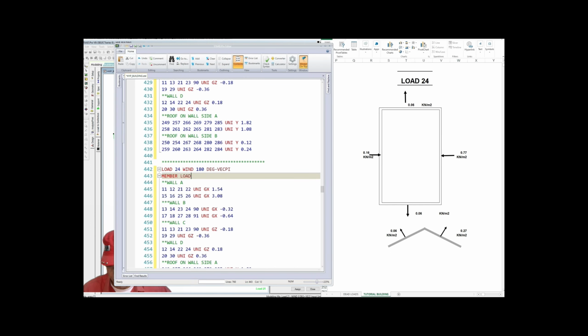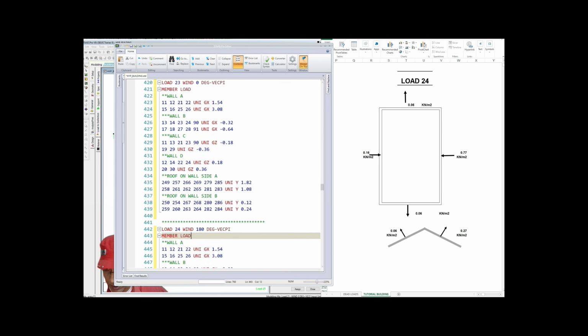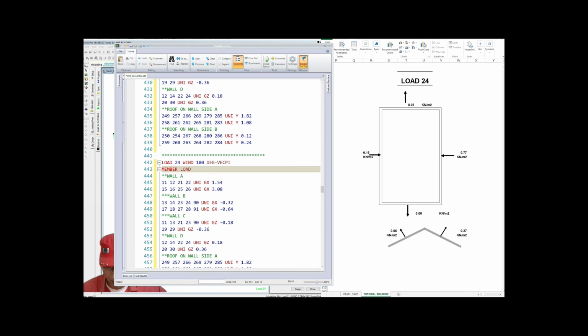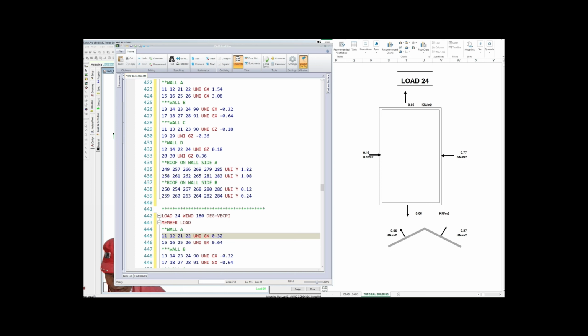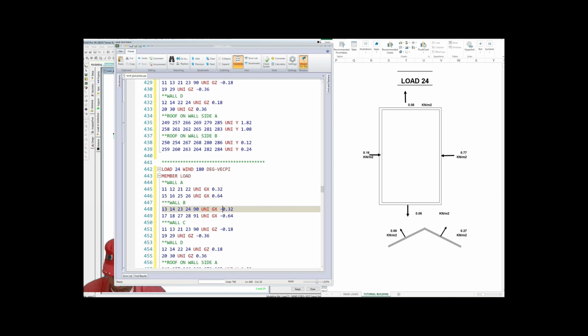So we had pasted load 23 below load 24. Now we have to change their values. So this becomes 0.32. This becomes 0.64. And then 1.54 and 3.08. See, it is in negative x direction.